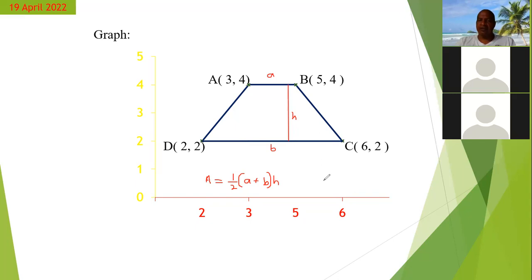If we are going to use that formula to calculate the area, do you have any way that you can determine the length of A, the length of B, and the height? Is there any way you can figure that out based on the coordinates? Can you make any calculation?